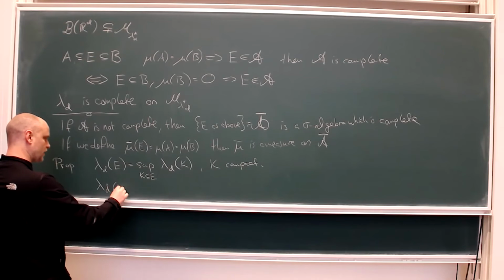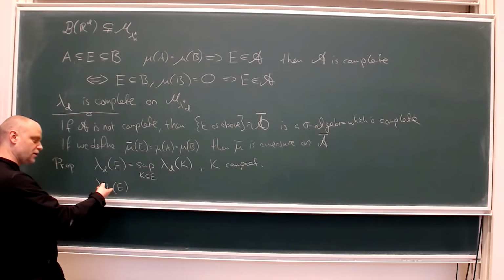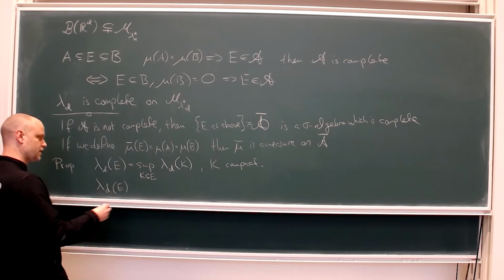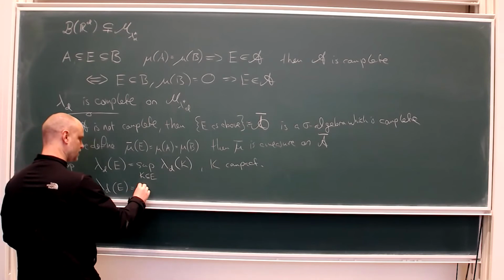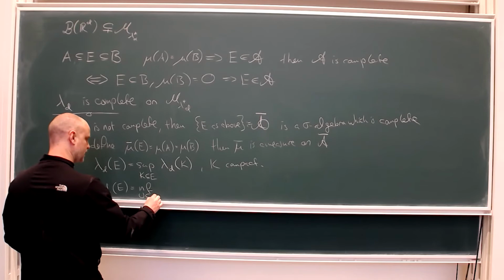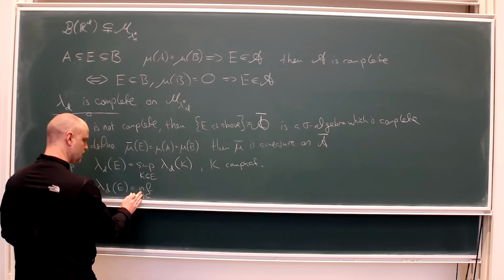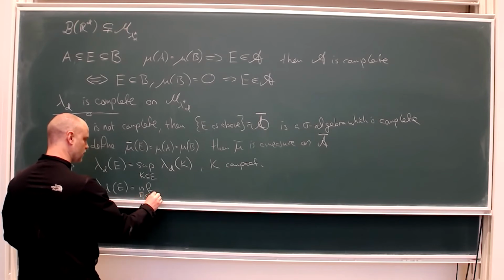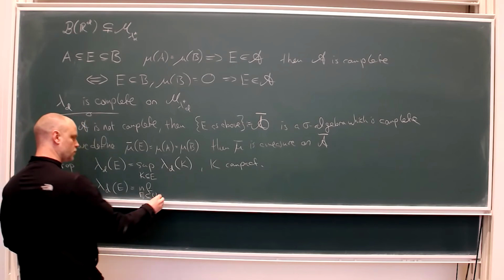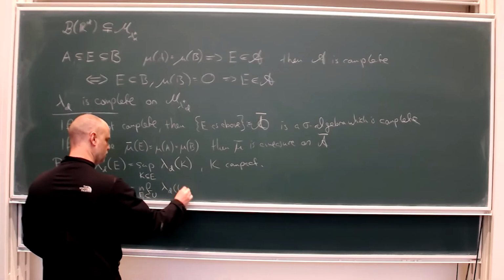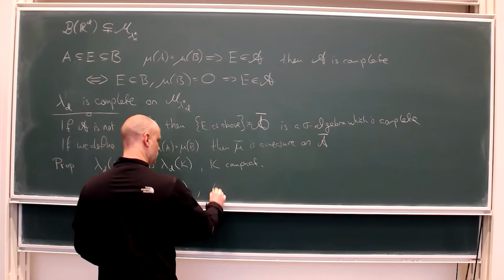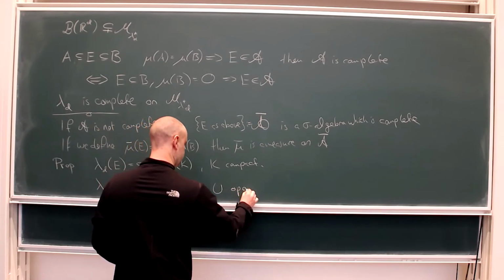And we also have that the Lebesgue measure of any Lebesgue measurable set is equal to the infimum of the Lebesgue measure of any open set that's bigger than E, so this goes the other way around. U, so lambda of U, open.